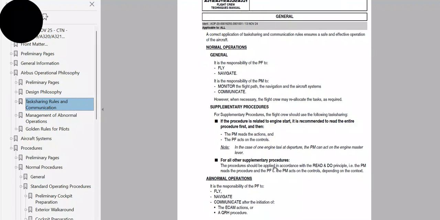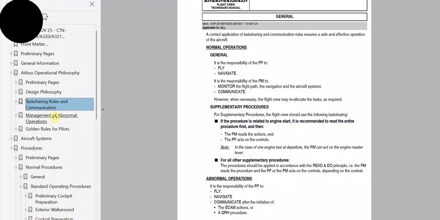For all other supplementary procedures, like airframe de-icing, for example, because it's not related to the engine start, it's the read and do principle, so the pilot monitoring reads and the pilot monitoring does. So this is all for now, and in the next module we will speak about the abnormal and emergency procedures.